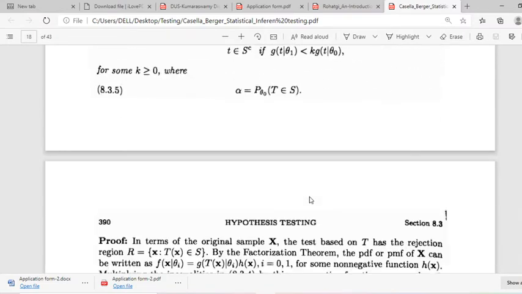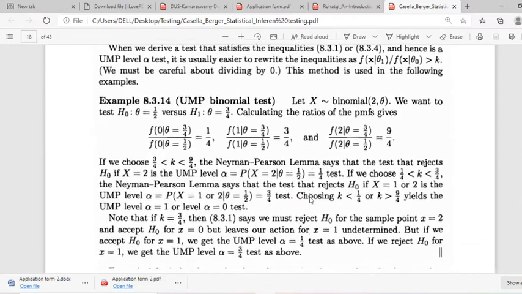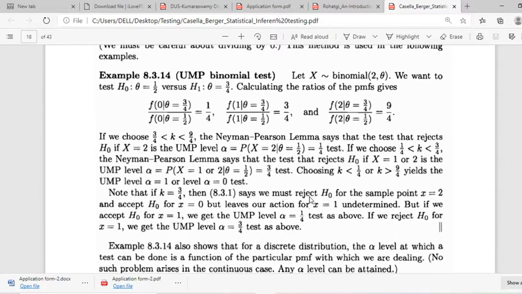So I think you got the idea of that problem. Now note that if k is equal to 3 by 4, we must reject when x equal to 2. We have discussed that.